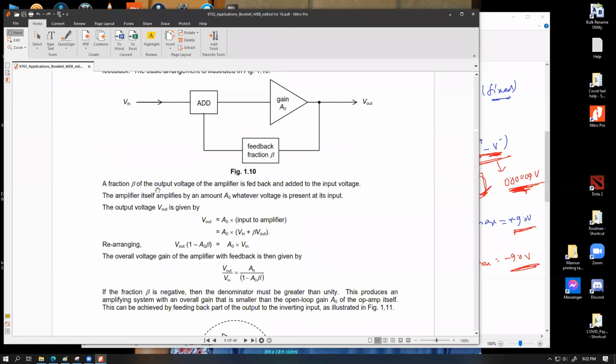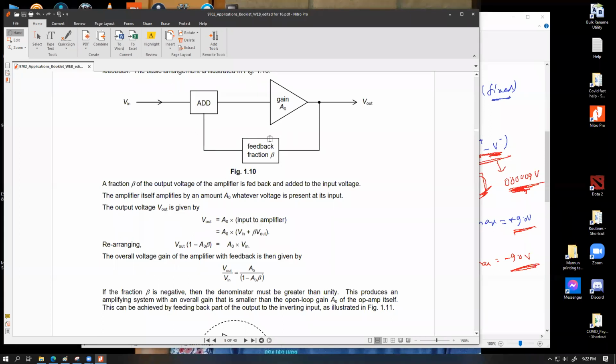A fraction beta of the output voltage of the amplifier is fed back and added to the input voltage. The amplifier itself amplifies by an amount of A naught whatever voltage is present as input. So whatever you give, the amplifier simply amplifies it by A naught. The output voltage V out is given by V out equals gain times the input to the amplifier.